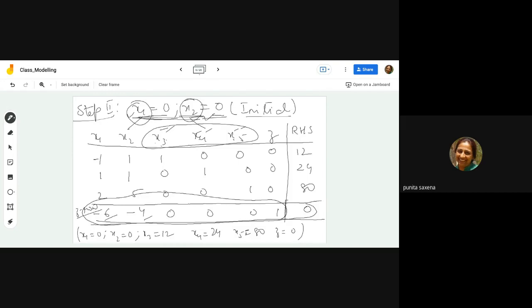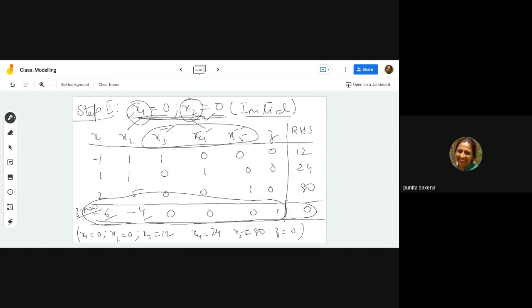We came across solutions where one of the variables was taking a negative value, so it is not to be considered. We will not move to an extreme point which does not belong to the feasible region. The rule that exists for choosing the entering and the leaving variable is so good that you will never end up at a solution which is not feasible, and you will attain optimality in the minimum number of steps.